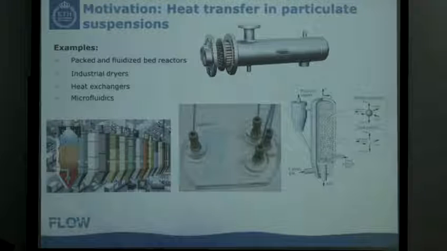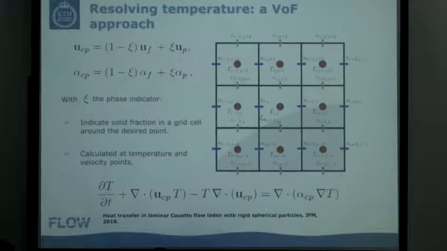So that was interesting because we have a coupling between turbulence and heat transfer, and then we also need the heat transfer inside the solid particles. So what we do here is couple the IBM with a kind of volume of fluid approach for the temperature, where we solve the temperature diffusion also inside the solid phase, which here is the gray.